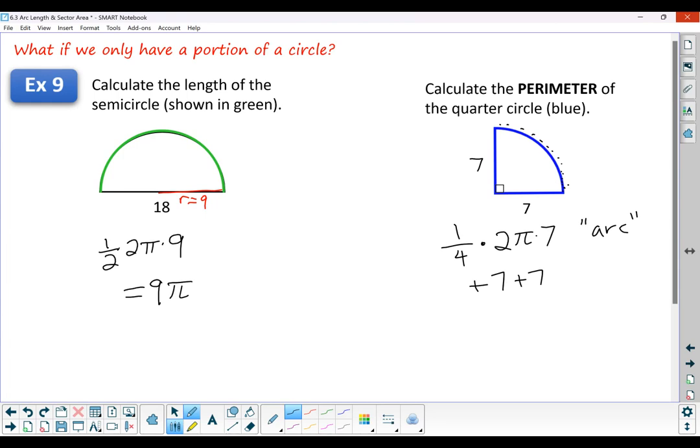Let me type this in: 1/4 of 2 pi times 7 plus 7 plus 7. The calculator went straight to decimals if I typed it in that way. So that is 24.9955, and I'm just going to say 25. If I kept it more exact, 7 pi over 2 plus 14 is about as much as I could do. Those two are roughly equivalent; I rounded the 25 a little bit.